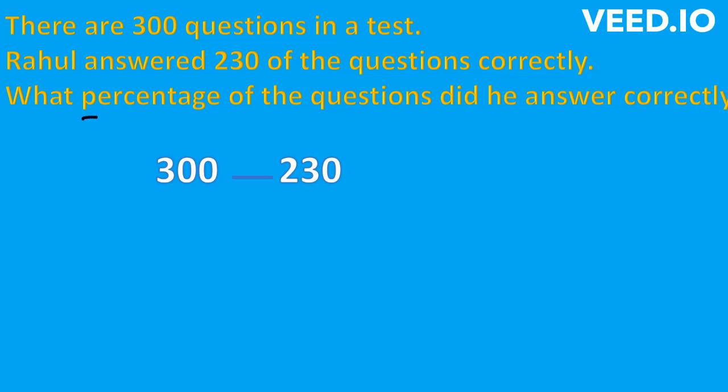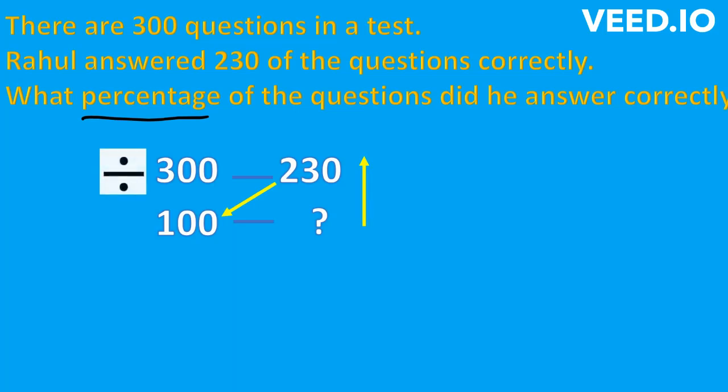That means for 100, how much? Question mark above, opposite multiply, remaining division. 230 times 100 divided by 300. So that will be the percentage of questions that he answered correctly.